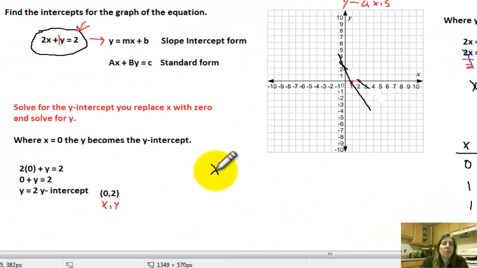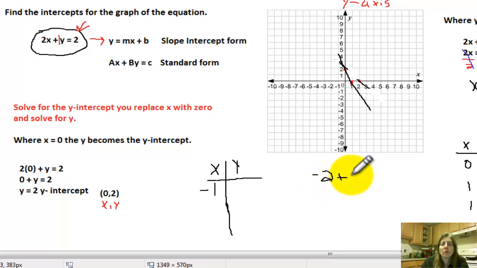If we calculate more points, in other words, if we set x equal to, say, -1, then you'll have -2 plus y equals 2, because -1 times 2 is -2.